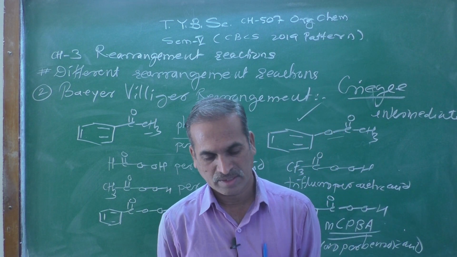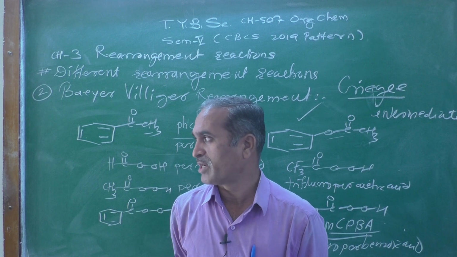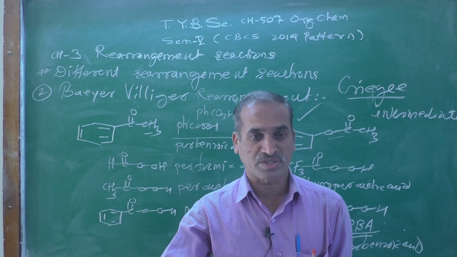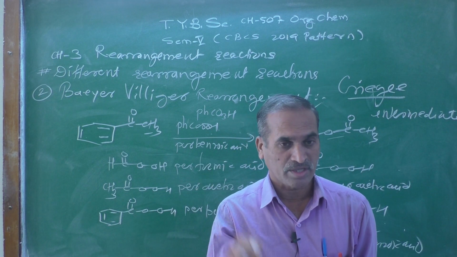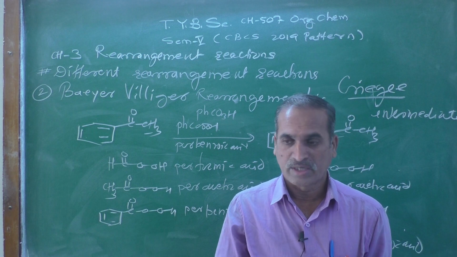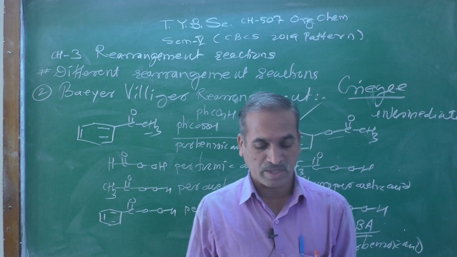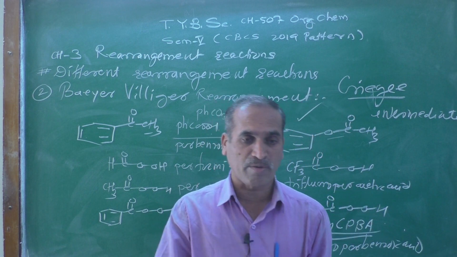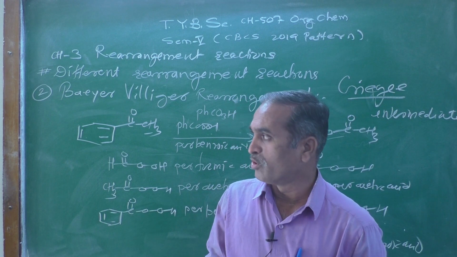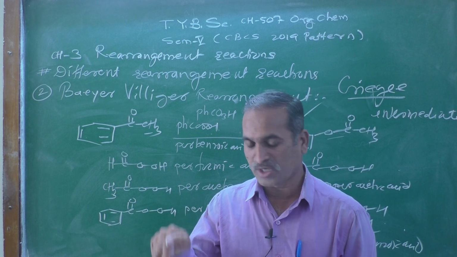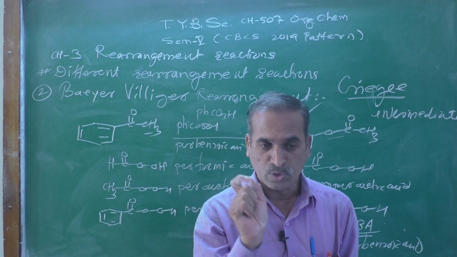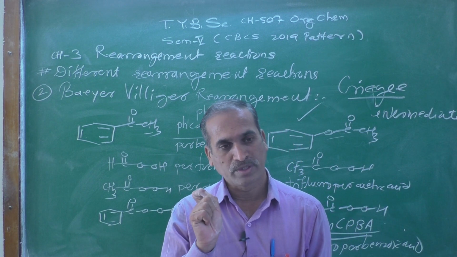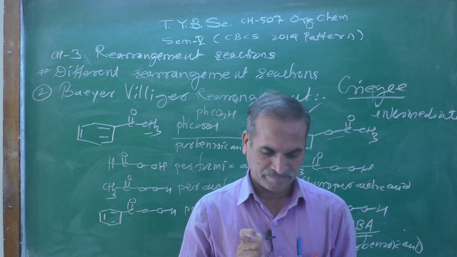Remember, in this rearrangement reaction an oxygen atom is involved which is electron deficient in nature, and therefore the alkyl or aryl group migrates from the carbon atom to the electron deficient oxygen atom. That is a notable point you should remember.